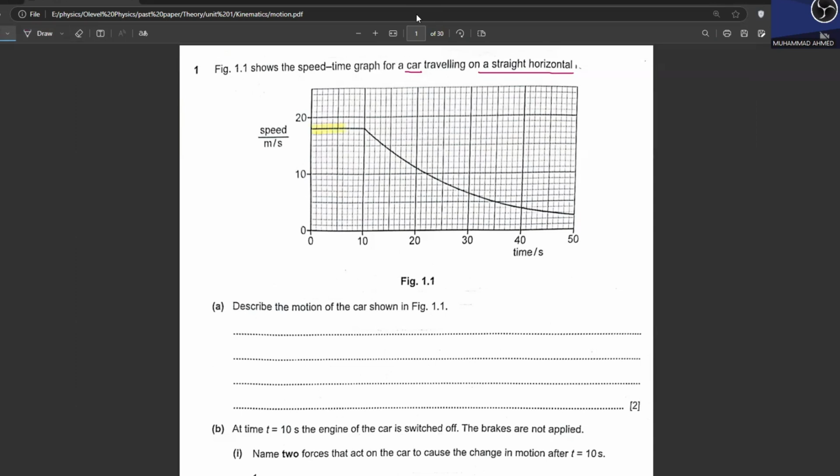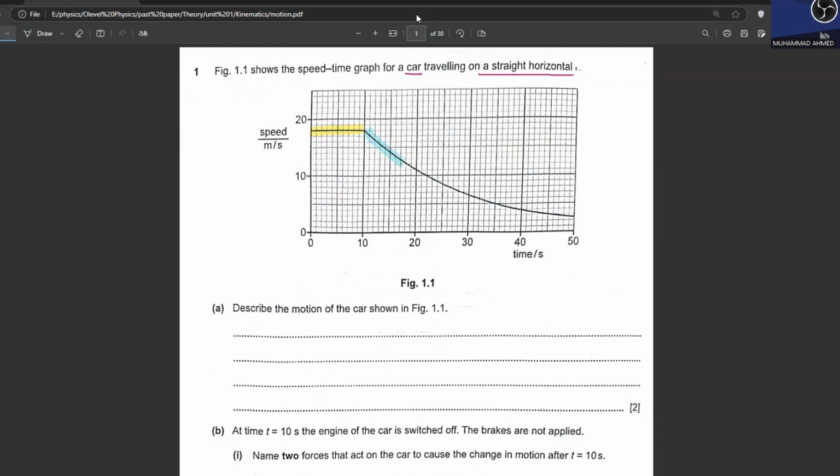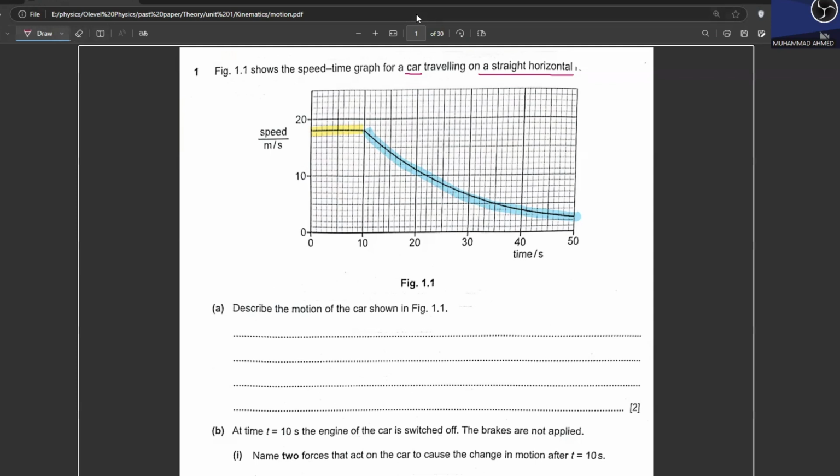If you notice, this motion consists of two things. One is this straight line motion, and then we have this curved motion like this. We will have to define both of these motions to get a 2 on 2. So what we can do? We can say that the car is traveling at a constant speed.